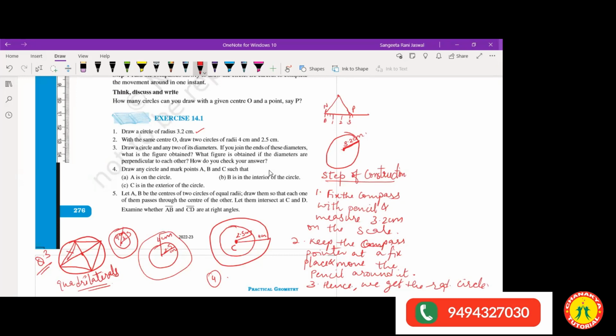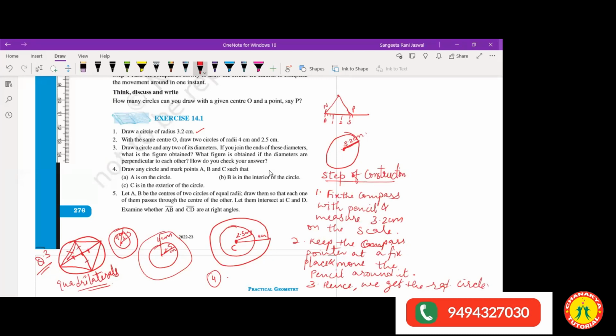Now see, when I said these two diameters are perpendicular, perpendicular means they are making a plus sign here. The angle between them is 90 degrees. If these two diagonals are perpendicular and they are intersecting, they are bisecting each other, because this side is equal to this side is equal to this side.